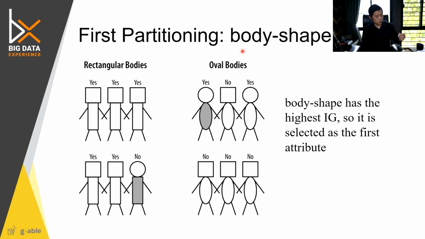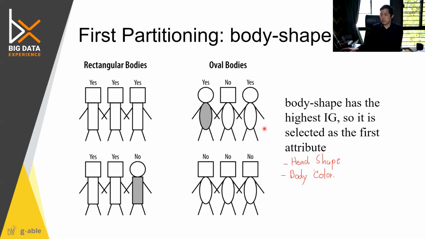Now we have 2 choices remaining: head shape and body color. Which one should be used for separation and why?